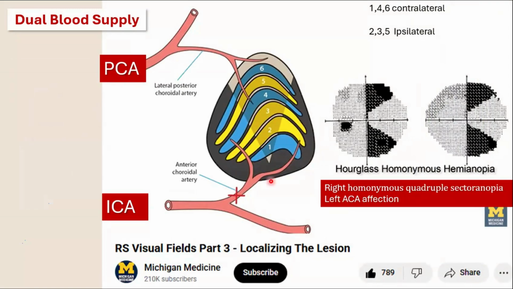In summary, the lateral geniculate body is supplied by two arteries, the anterior choroidal artery and the posterior choroidal artery. Actually, it is called the lateral posterior choroidal artery.